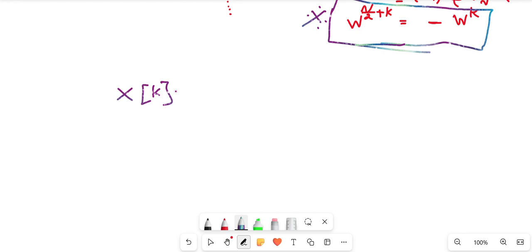So for the first half, you can restrict the k value to the range 0 to N/2 minus 1. Again, it can be rewritten in two parts: the first half of the frequency points and the second half also. So X of k, we are dividing into even part and odd part.